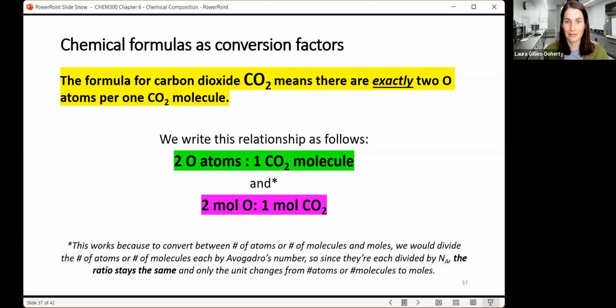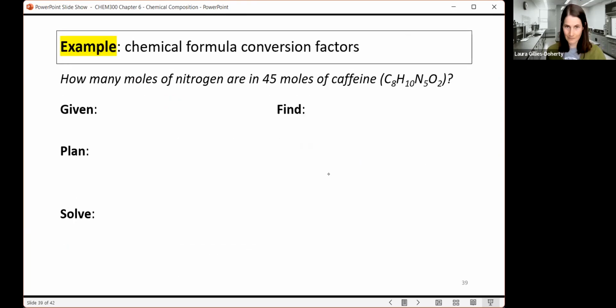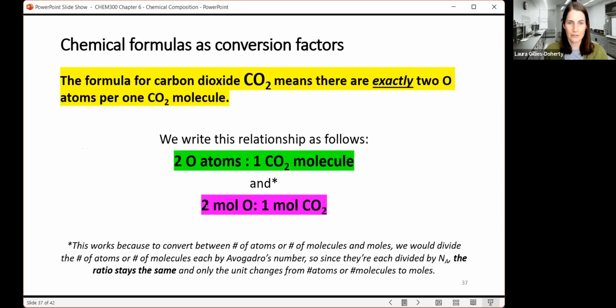We took number of molecules and applied Avogadro's number to convert it to moles. But since we were using the same scale, the same conversion factor to go from atoms to moles and molecules to moles, they both use Avogadro's number, the ratios remain the same. So if there's 2 atoms of oxygen per 1 CO2 molecule, it means that there's also 2 moles of oxygen for every 1 mole of CO2.